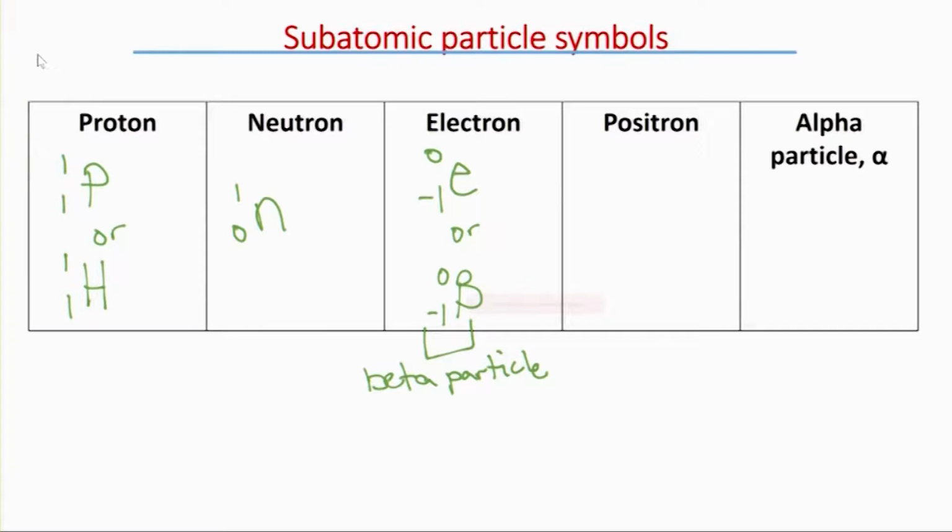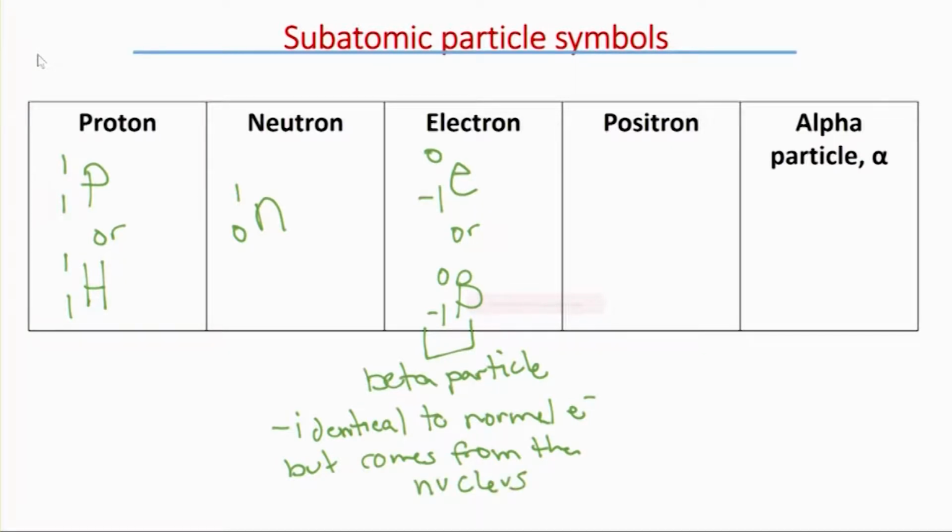We'll get into that more, but let me just write identical to normal electron, but comes from the nucleus. All right, we'll identify that a little bit more.